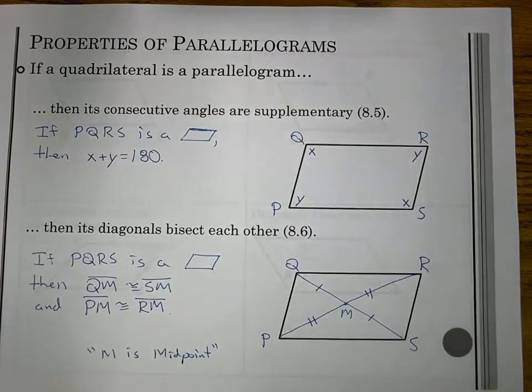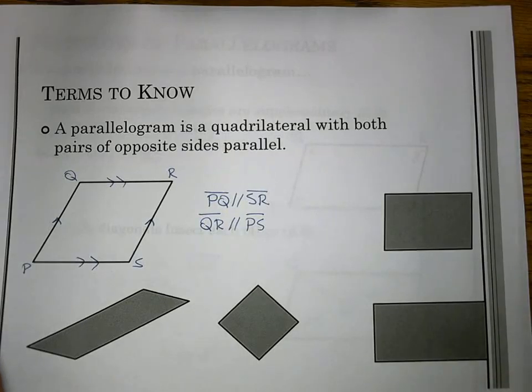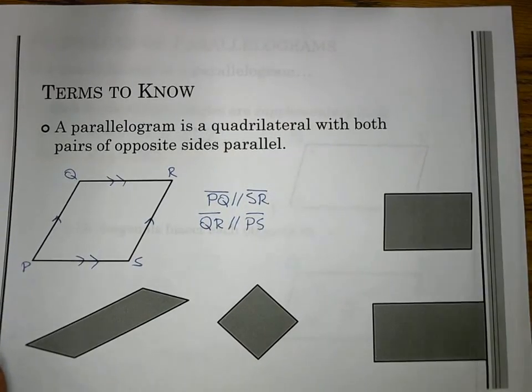So those are our 5 properties. First one, opposite sides are parallel, opposite sides are congruent, opposite angles are congruent, consecutive angles are supplementary, and diagonals bisect each other. Now, before we go further, let's take a step back and think of what type of problems we may have here. We have some examples for the other ones, but for the opposite sides being parallel, what kind of solve for x, find the value type problems could we have?